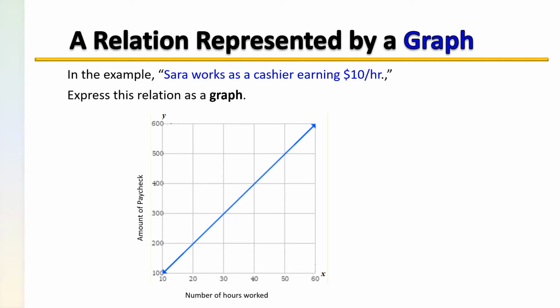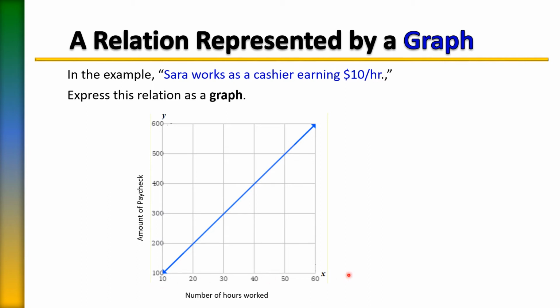Here's another relation. Same type, Sarah earns $10 an hour. Notice that this graph is moving from left to right in an upward motion, which means this is a positive type of correlation, meaning the more hours she puts in, the more money she earns.